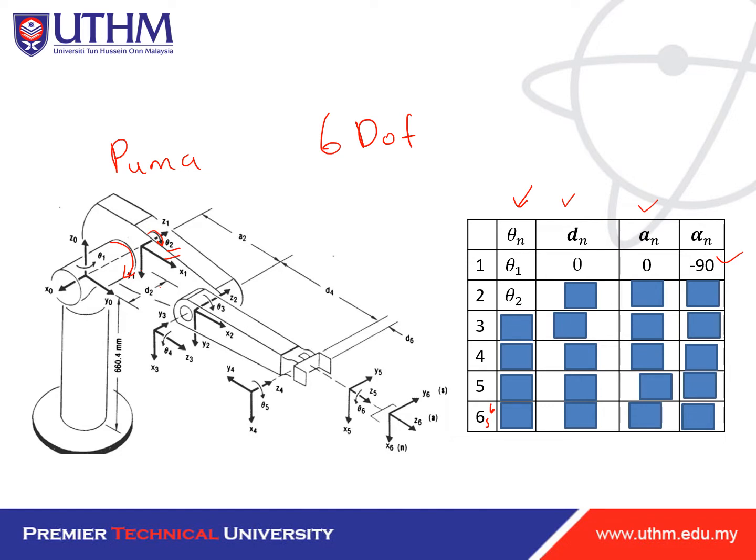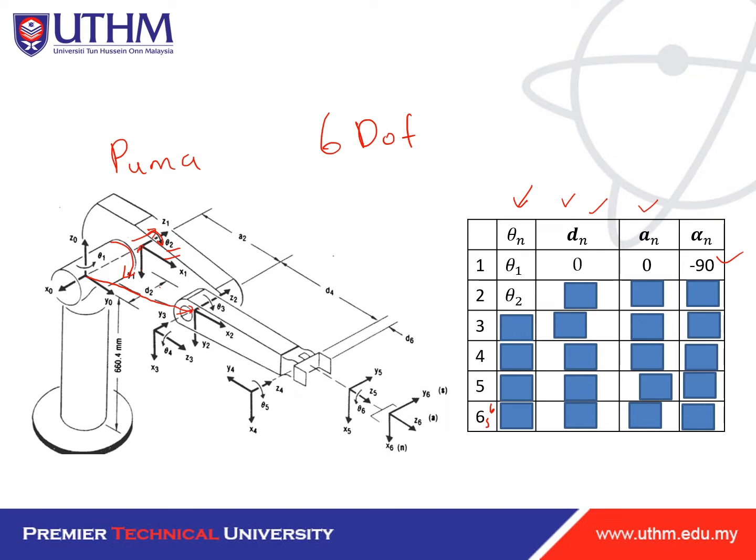Now, the problem is to find the d2 here. So the d2, we need to move this point here along z1 direction so that it will become the same with here. Because there are some constraints in terms of the drawing, the actual meaning is this one is the same here.